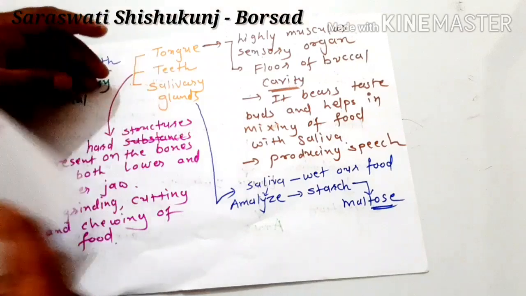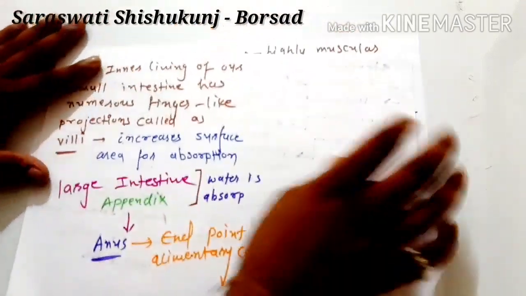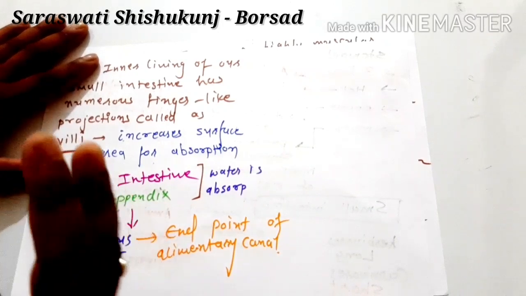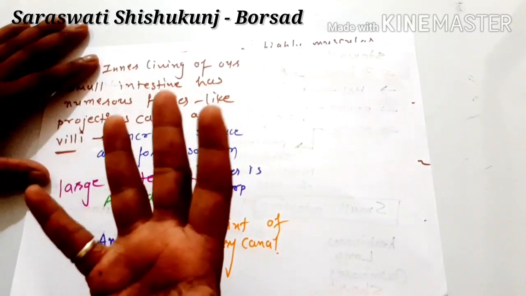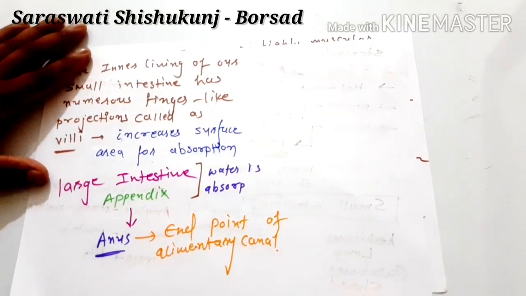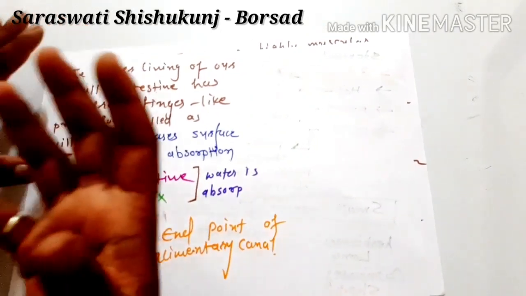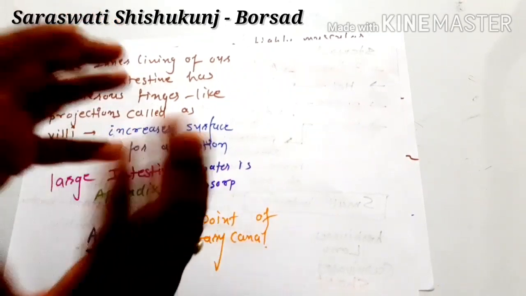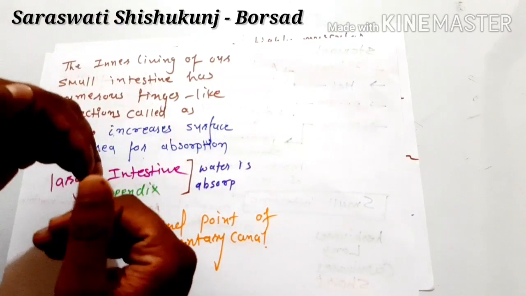At the wall of the small intestine there are finger-like projections which are known as villi, and as they increase the surface, absorption will be easy in our small intestine. After absorption of the nutrients, the food is sent to the large intestine.